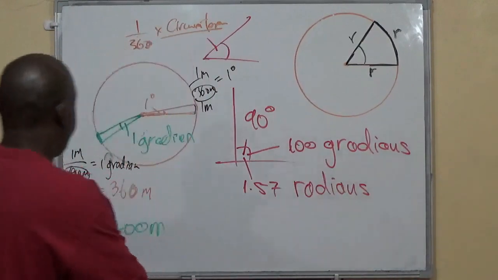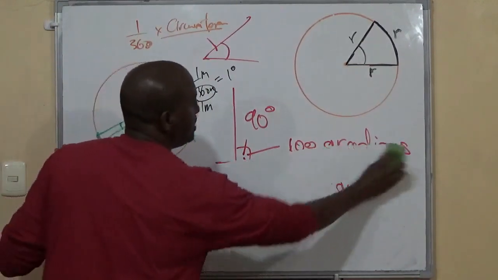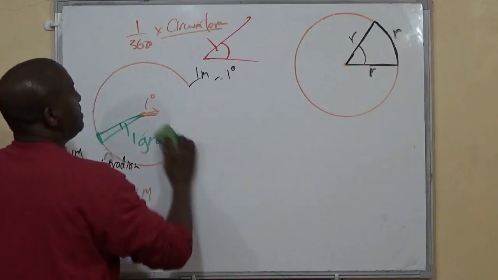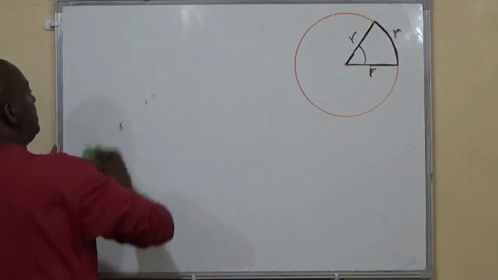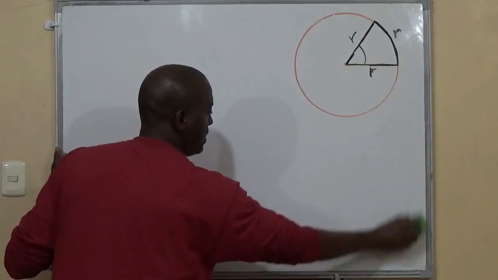So let me do the thing. We're going to rub off all of these here, clear some space on the board. We leave our radian circle up in the corner there, and we proceed as follows.